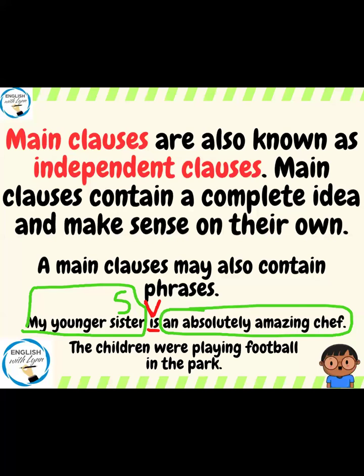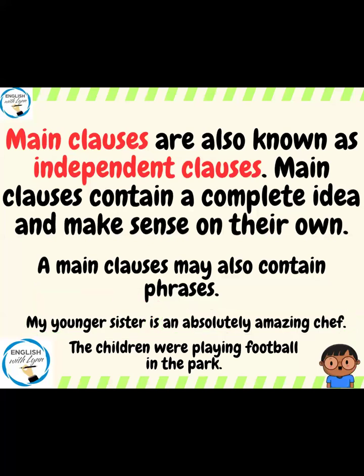Let's have a look at the second sentence then. The children were playing football in the park. So here we've got the subject, and the subject is the children. They are the people that are doing the action.